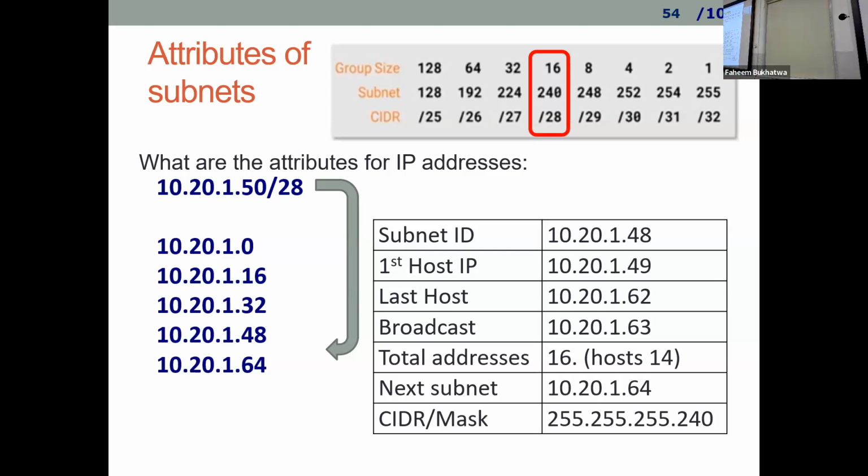So the question was, what are the attributes for this IP address? Where does it fall? Which subnet? It falls in this subnet, 48. That's the first acceptable host address in that network, and the last host address is 62, and the broadcast is 63.